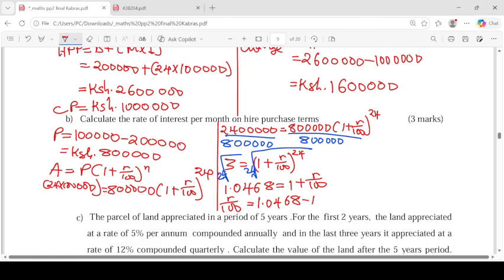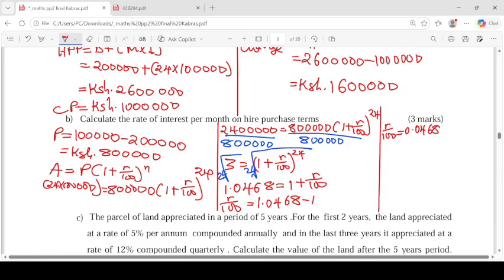So when you reach that particular step, we are now going to say that R over 100 is equal to 0.0468.